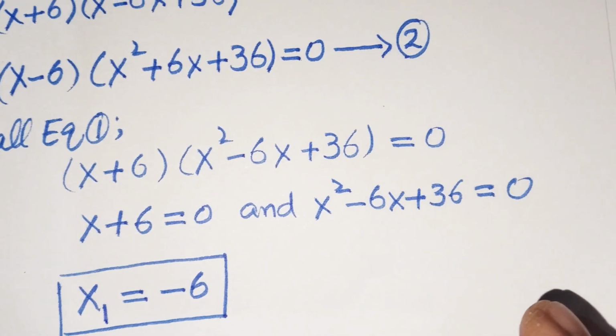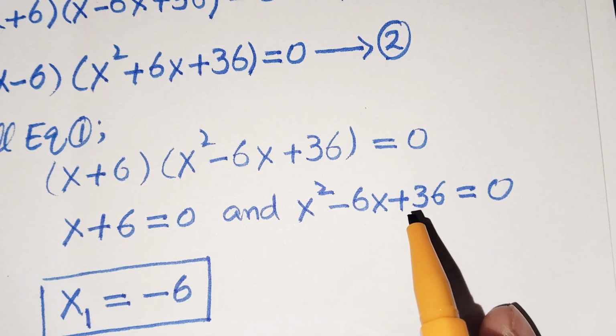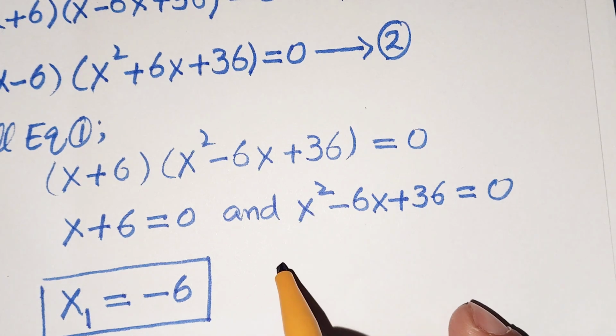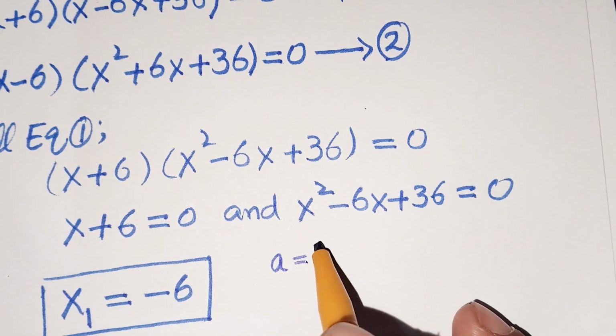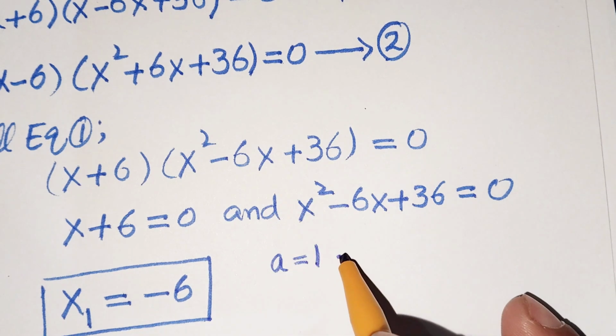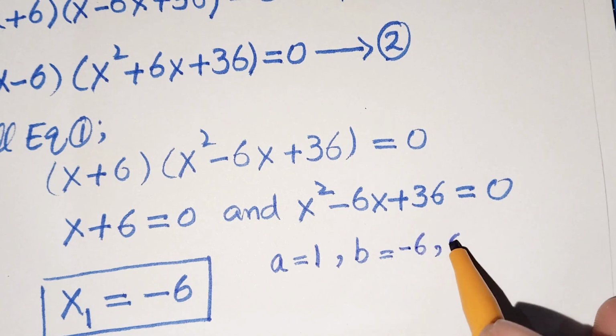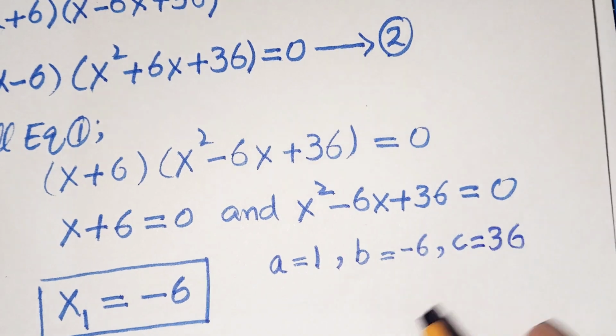Similarly, we now take x square minus 6x plus 36. By the quadratic formula, the value of a is 1, the coefficient of x square. b is the coefficient of x, which is minus 6, and c is equal to 36.